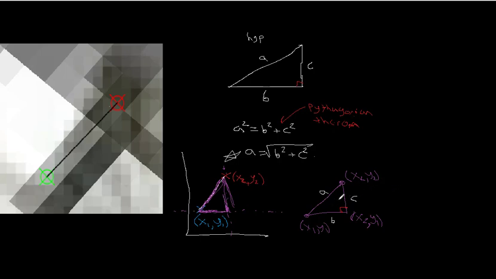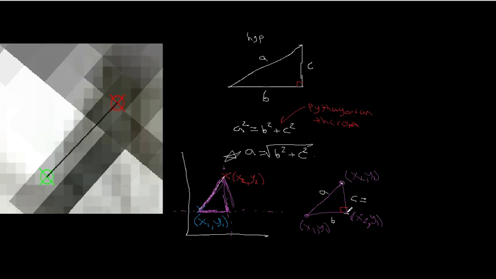Well, now we can calculate C and B based on our coordinates, right? Because this length of C, think about this for a second. This length of C is going to be the distance from here to here. That's what C is. C is the length of this line. Well, they share the same x-coordinate, by definition.